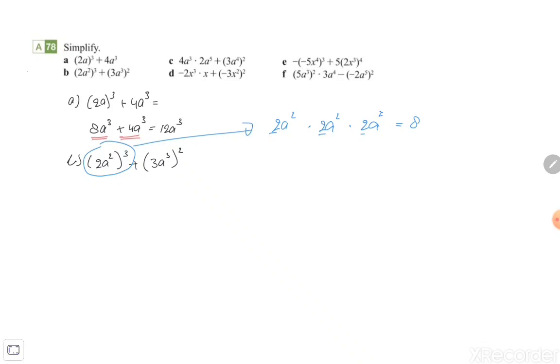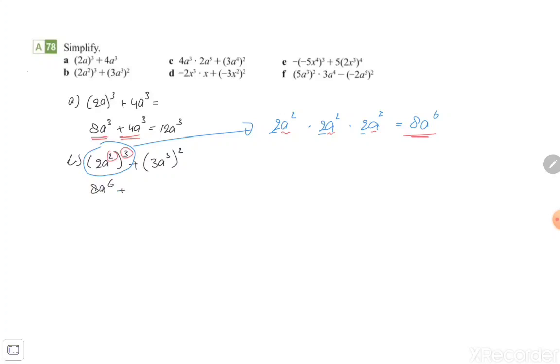And then the other part, a squared times a squared times a squared is a to the power of 6. So you can multiply those exponents with each other and then you have the answer. So 8a to the power of 6. Let me just copy that answer beneath: 8a to the power of 6.